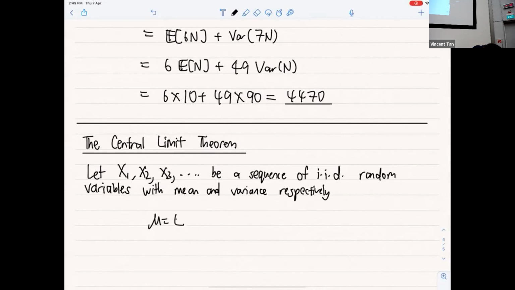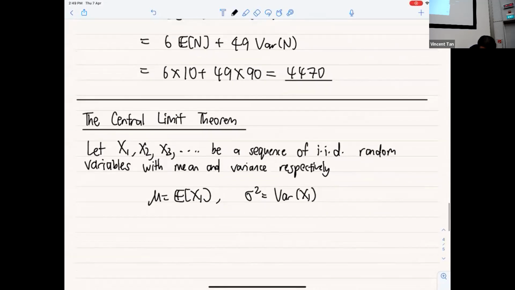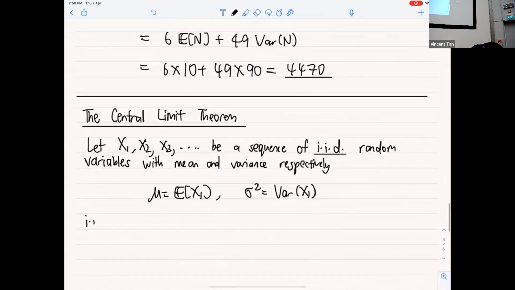Mu equals the expected value of X1, and sigma squared, the usual symbol for variance, is the variance of X1. There are a few things here that you may not have encountered before. This thing here is called IID. IID is very common. It stands for independent and identically distributed.